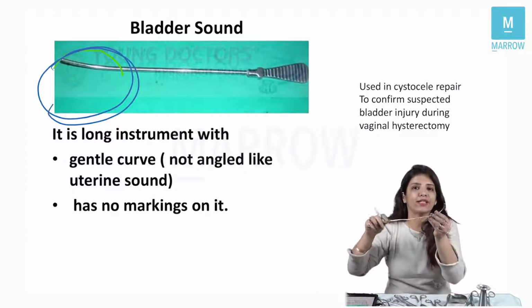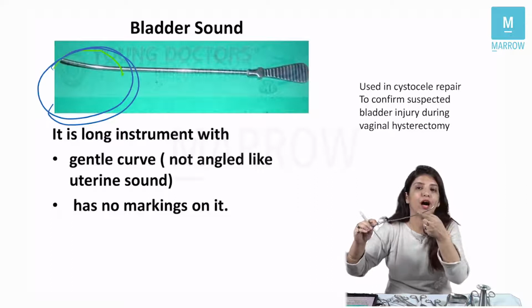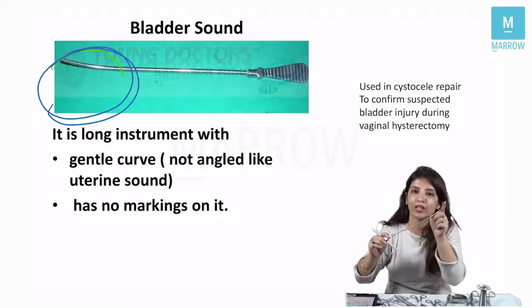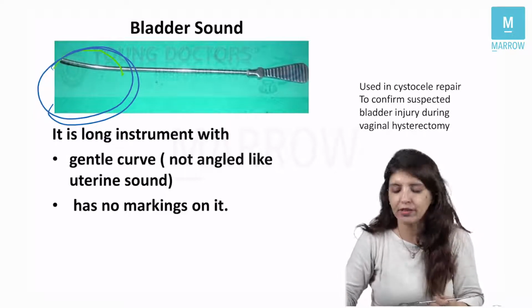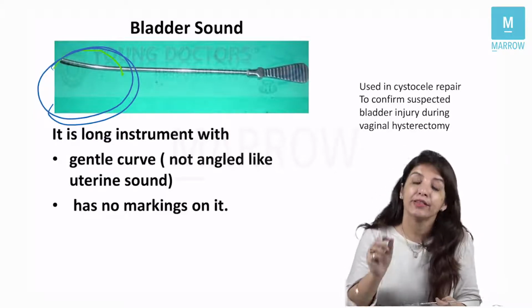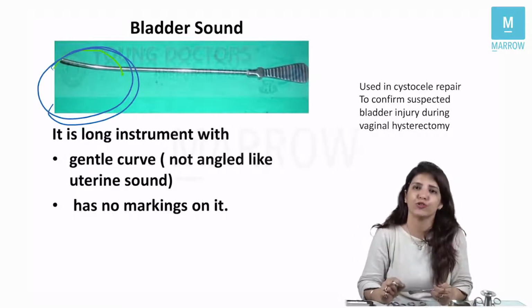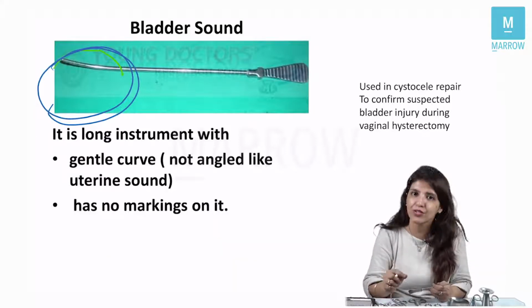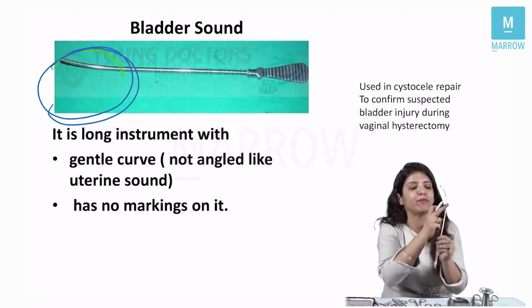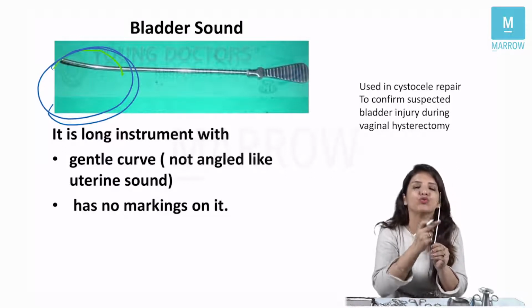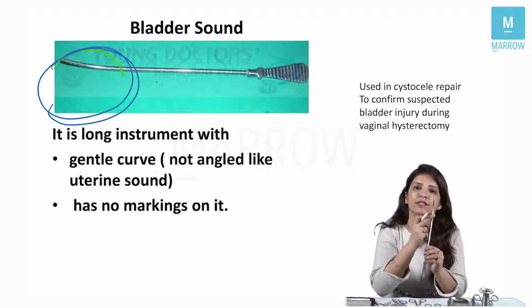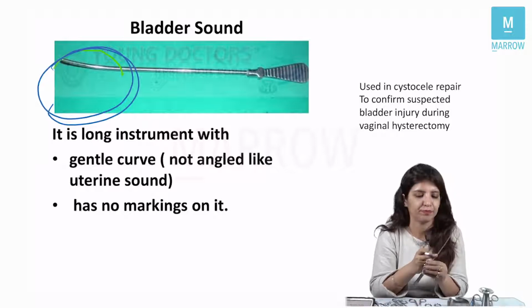In the uterine sound, this was a very pronounced curve. As I told you, it's angulated, it's smooth, but it's very prominent, right? But here, it's a very gentle curve. And the second and the most important difference is that in a bladder sound, you won't get any markings here. Whereas in a uterine sound, you will get markings here, right?